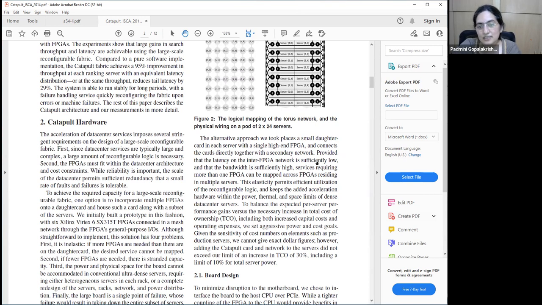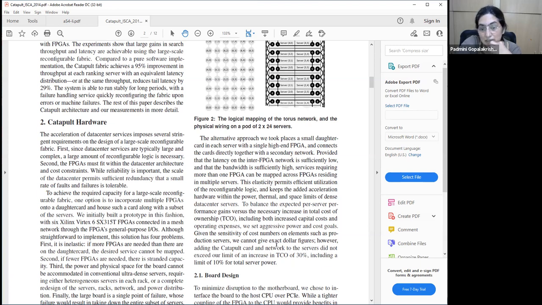This allows you to do 2 things. One is you keep the cost down because you can put a medium-sized FPGA on the server. You don't have to take the biggest one. And at the same time, it allows you to map bigger applications or smaller applications. So this gives what they call elasticity.